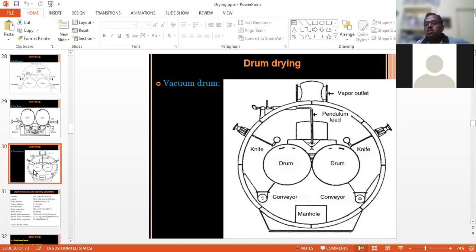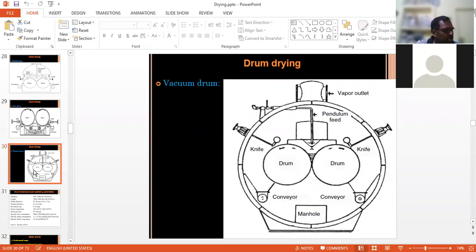When we use drum drying, either twin or double drum, we can get the best product when we apply vacuum drying.